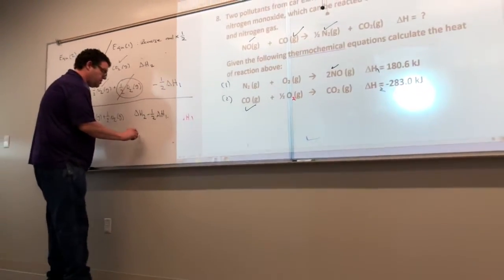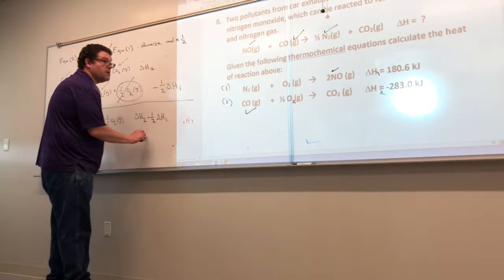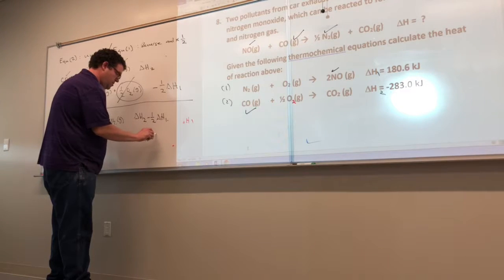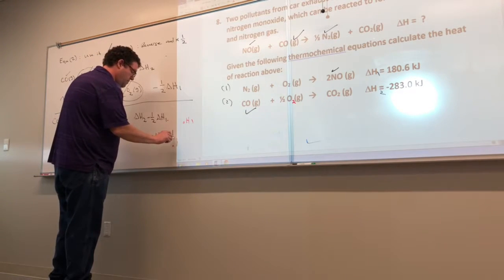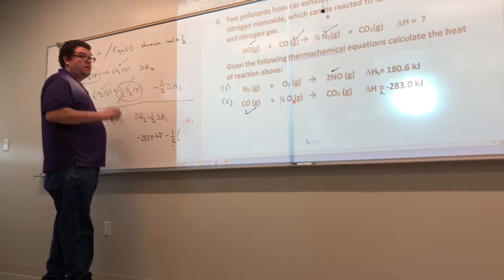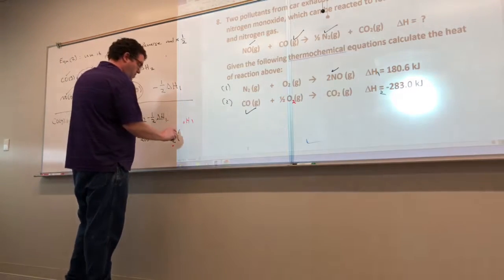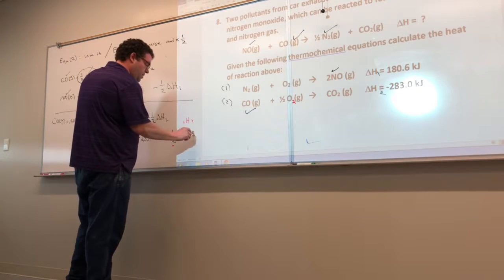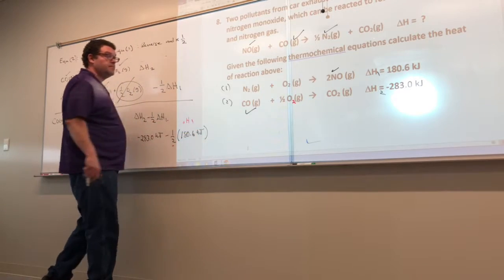Delta H2 is minus 283 kilojoules, minus 1/2 times delta H1, which is 180.6.